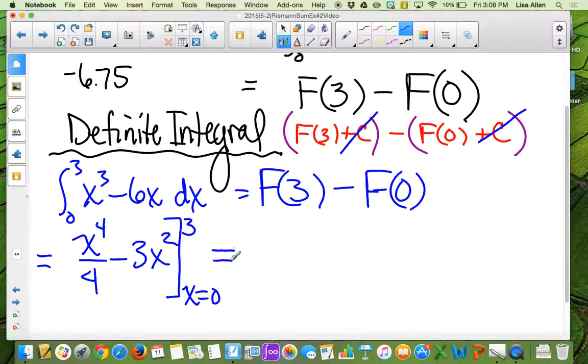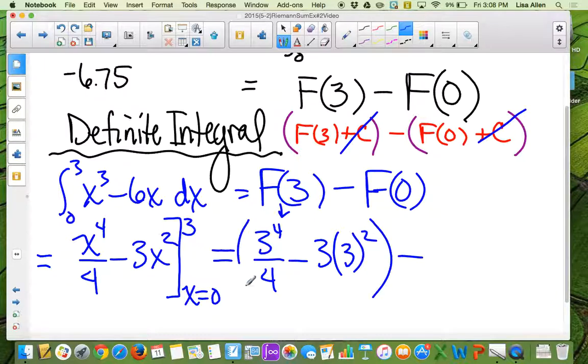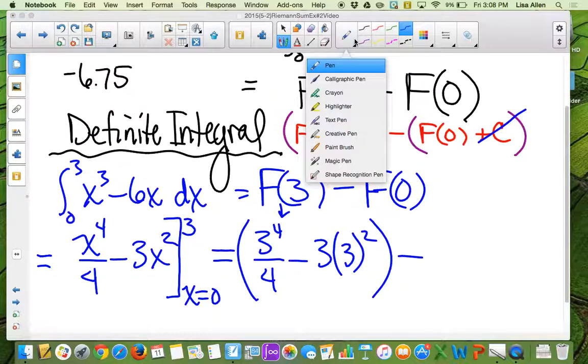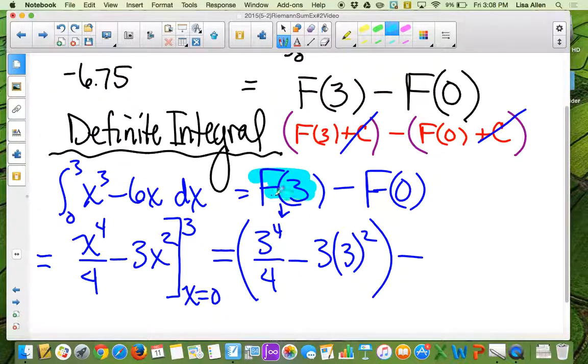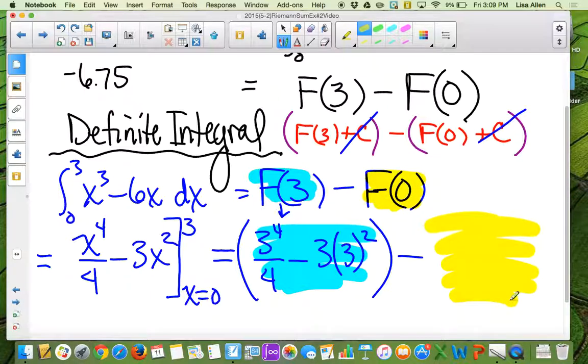That will then equal F of 3. So here it is: 3 to the 4th over 4 minus 3 times 3 squared. That's F of 3, the antiderivative evaluated at 3. Then we have F of 0, the antiderivative evaluated at 0.